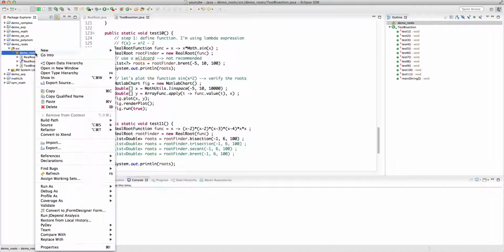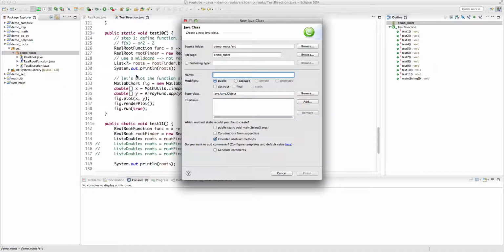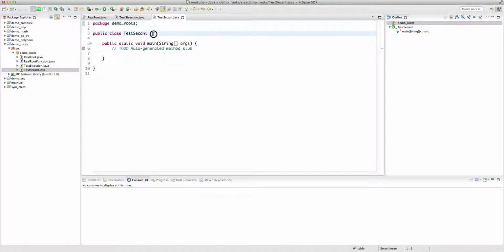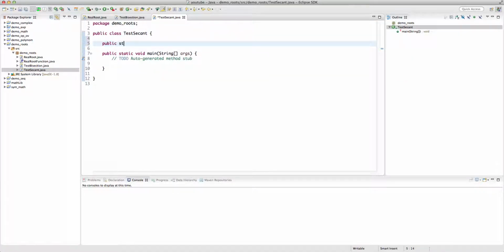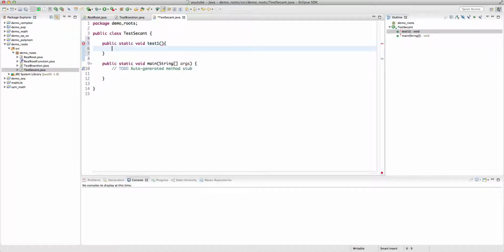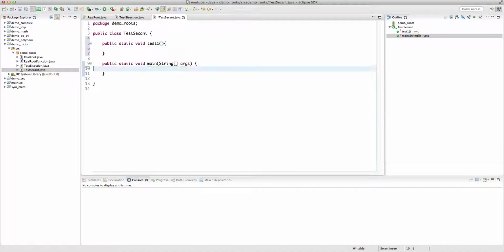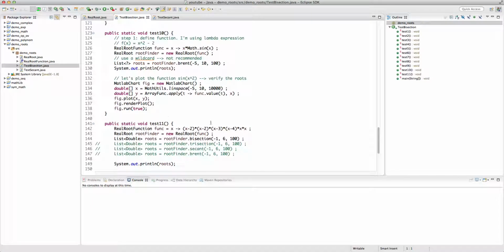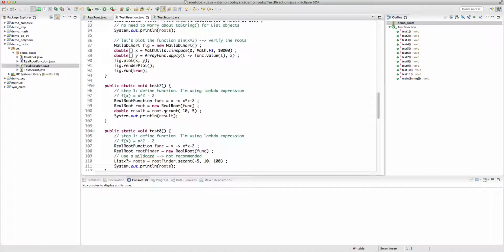Or maybe I'll just create a new class, test secant, and I'm going to write this public static void test1, and here I'm going to run test1. Okay, and let's go back here and try to copy from one of the secant tests, for example this one.